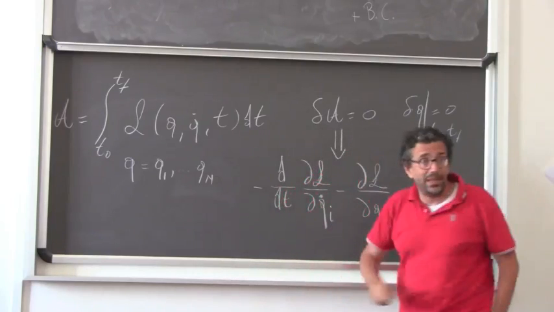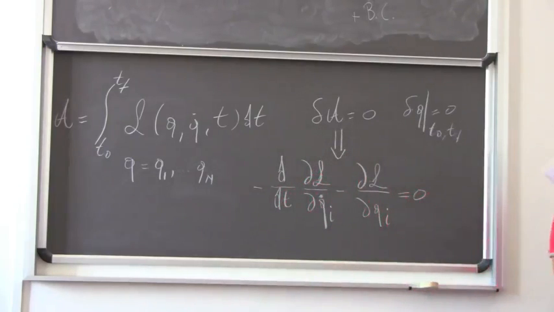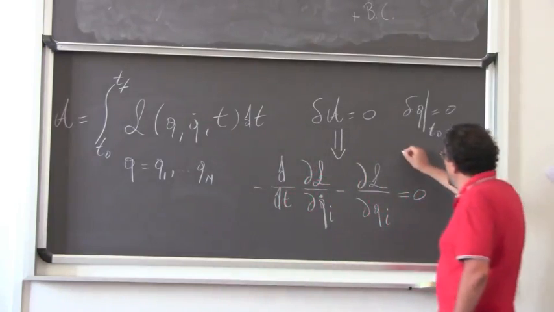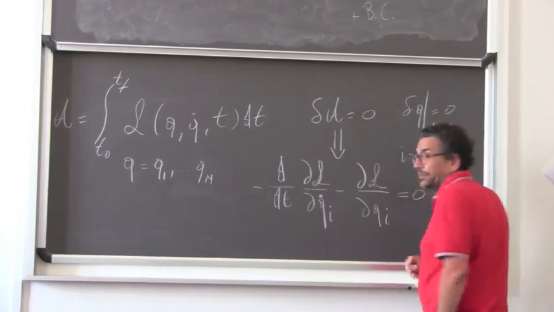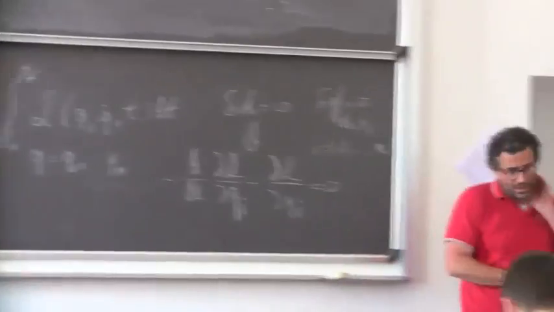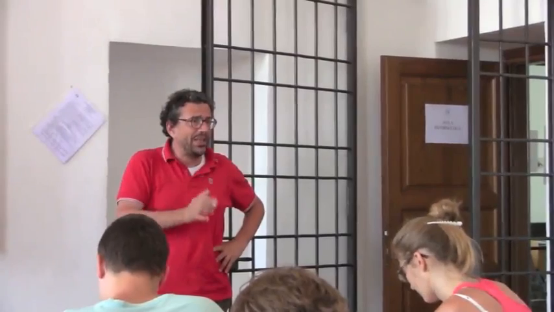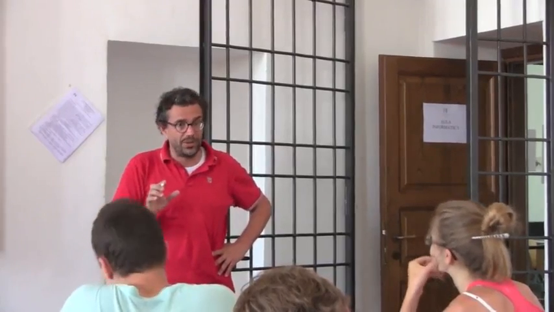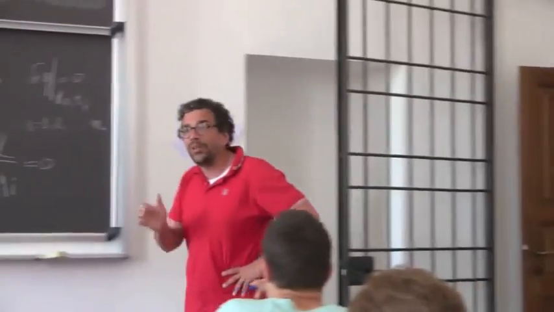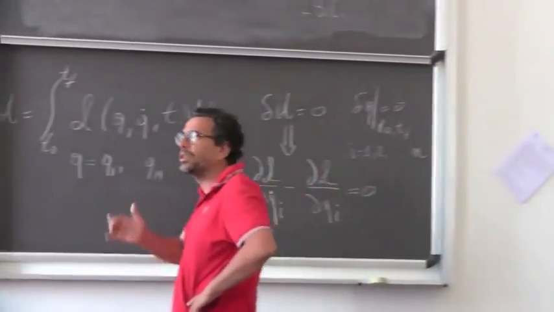And there are many of these equations. How many? Exactly as many as the degrees of freedom you have, so i equals 1 up to n. So you get as many equations as the unknown functions you have at the beginning. This is the beauty of variational principles: you always get exactly the number of equations and boundary conditions which you need.